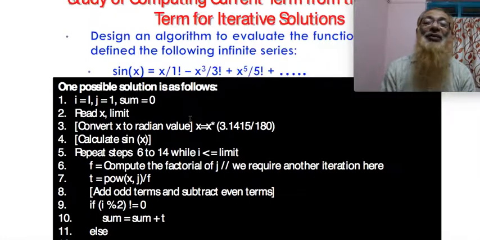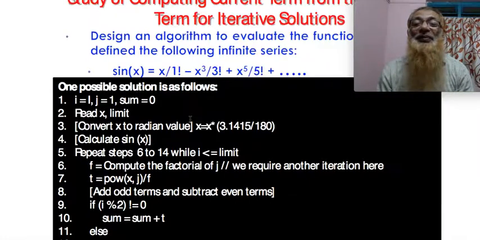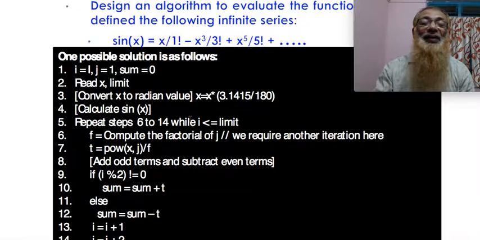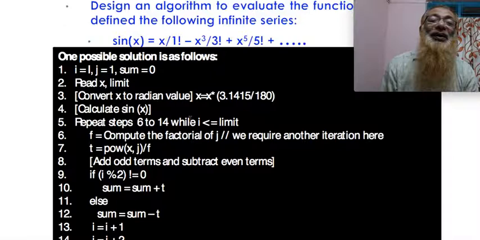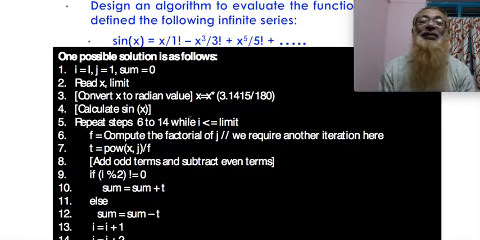As you might have guessed, there are several techniques to solve this. Let us discuss one solution. Here, first we input the values of x and limit.